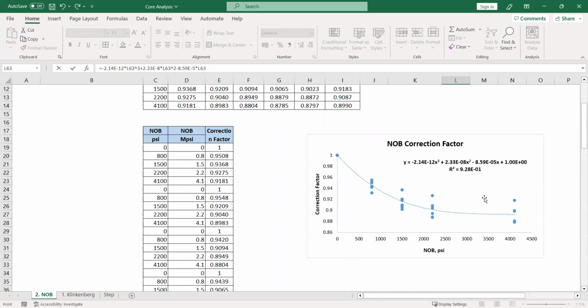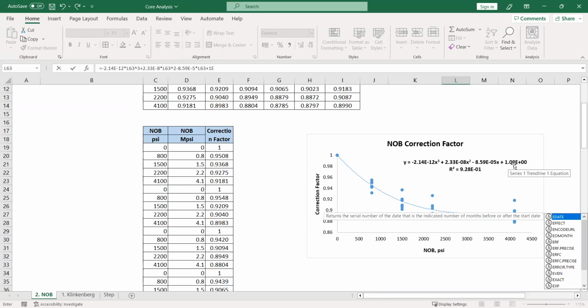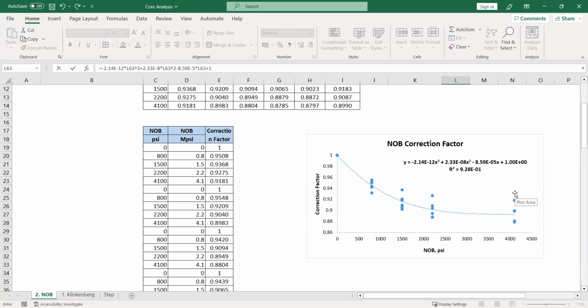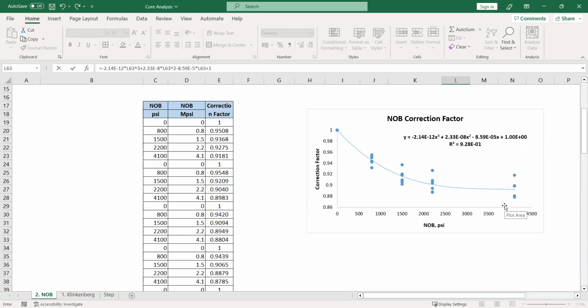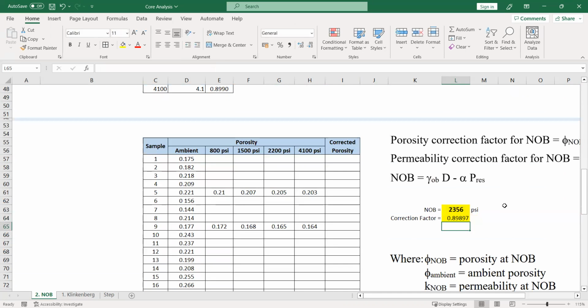And lastly, plus 1, e to the power of just 1, right? Because there is nothing here, just 1. Okay, and this is our correction factor. So it's 0.9, the correction factor.